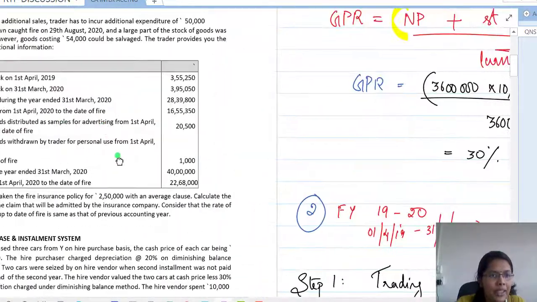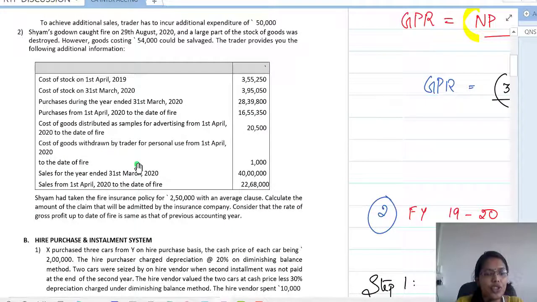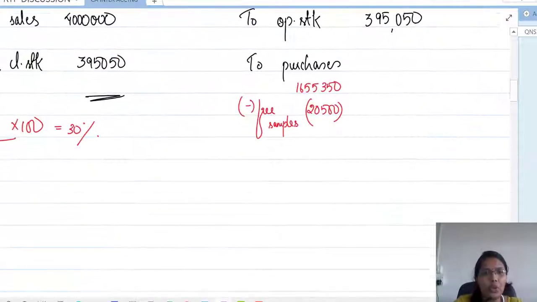And the next is cost of goods withdrawn by the trader. That means for personal use, he had made some drawings and that will be treated as drawings and it will get adjusted in the capital account if at all we had to prepare. Now we do not have to prepare the capital account, so we'll only show the effect of reduction from purchases account. So the cost of such goods is 1,000 rupees.